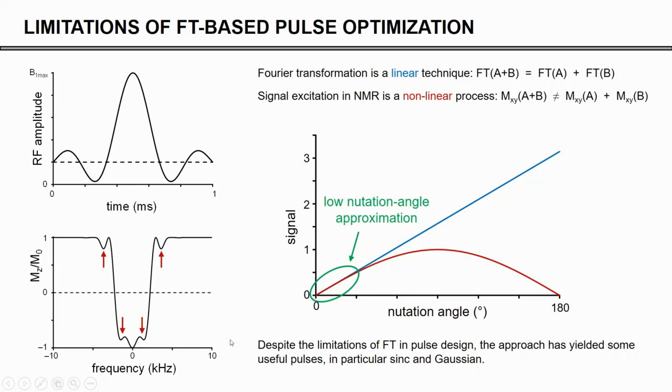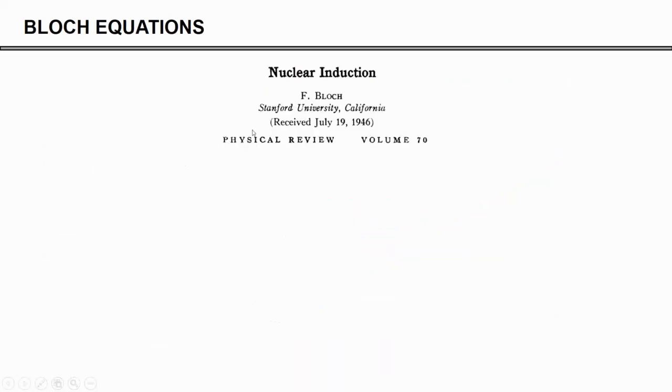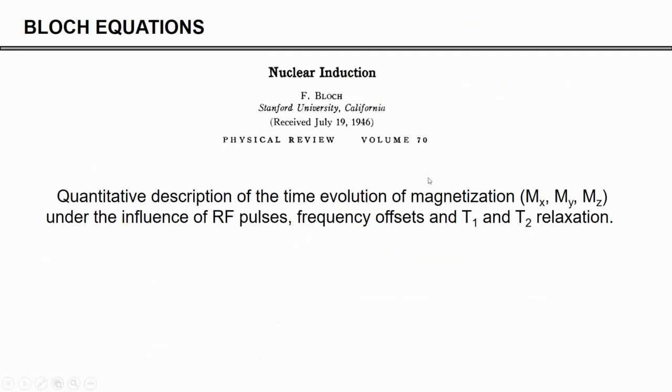Well, Felix Bloch, the inventor of NMR, basically already gave us the tools to come up with better RF pulses. In his first paper, Nuclear Induction, he already gave us the equations that are needed to quantitatively describe the NMR experiment.